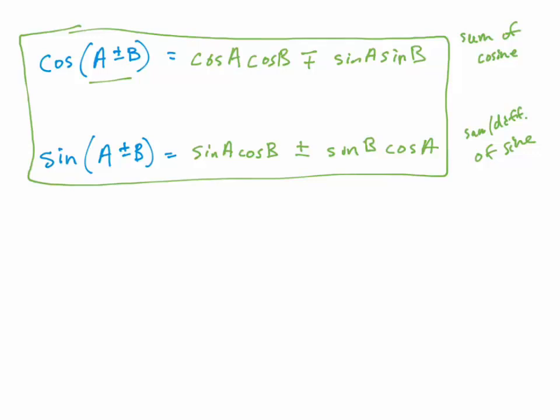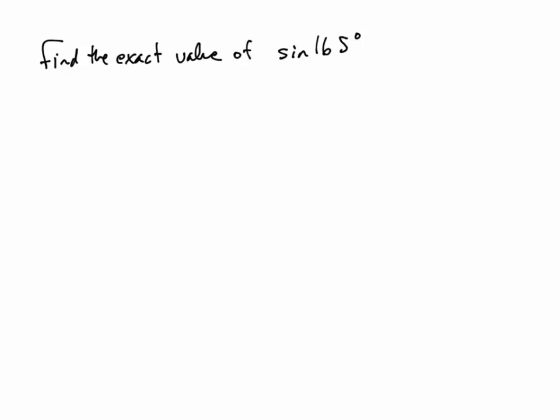So let's look at an example and see how this works. This question says, find the exact value of sine of 165 degrees. The problem here is that 165 is not a value on the unit circle. So what we want to do is break 165 down into two angles that, when added together, equal 165.